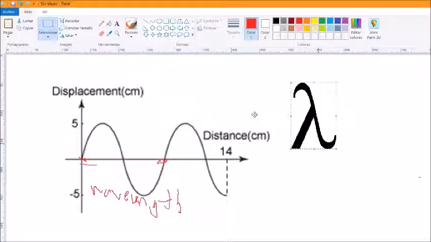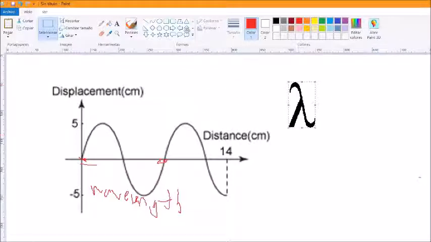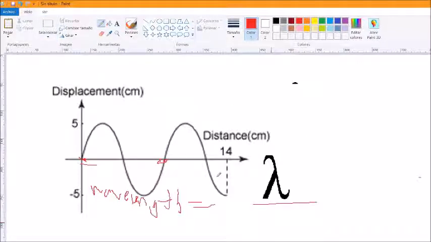Now, we return to the wave speed. The wave speed is how far the wave travels in a period. So the formula is wavelength over period. The unit is the unit of distance, in this case centimeters, because the wavelength is measured in that unit. So wave speed is equal to lambda over period.